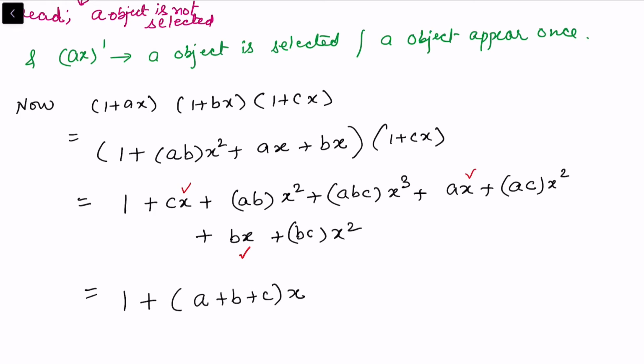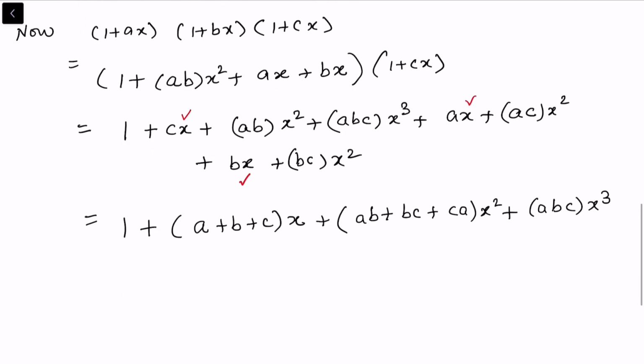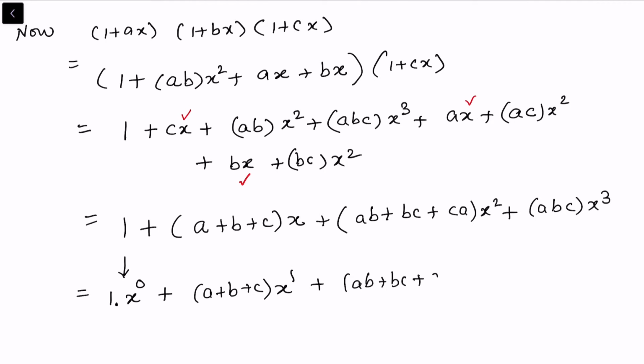Similarly for x square, we will have ab plus bc plus ca times x square, and then the term corresponding to x cube. I can also write the first term as 1 into x to the power 0, plus a plus b plus c times x to the power 1, plus ab plus bc plus ca times x square, plus abc x cube.